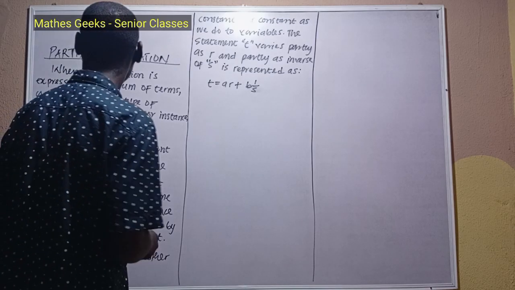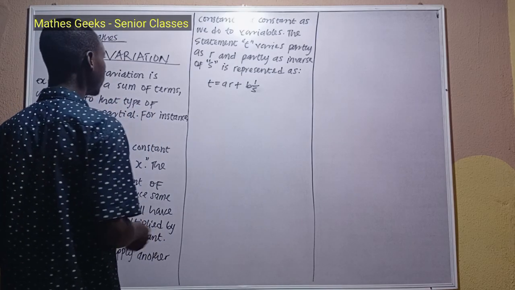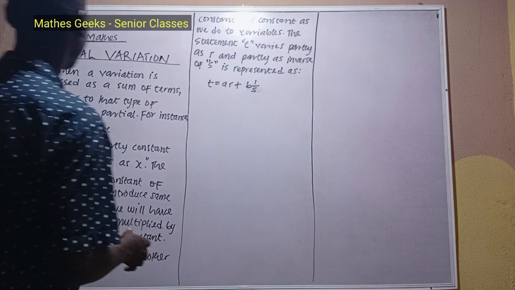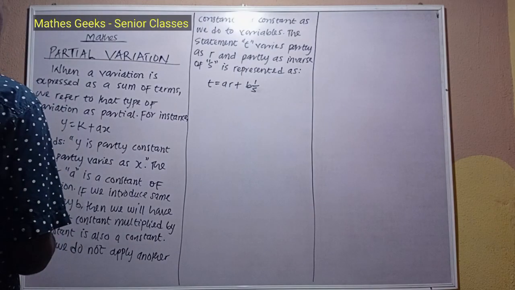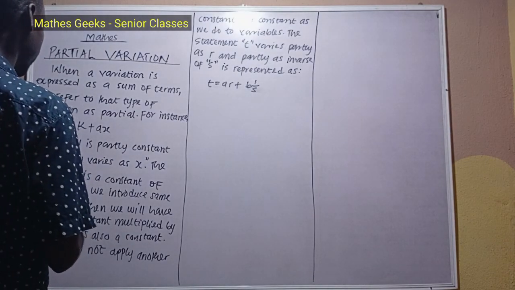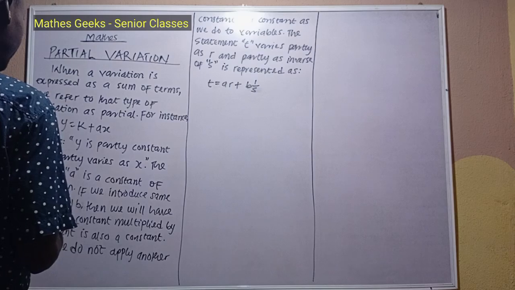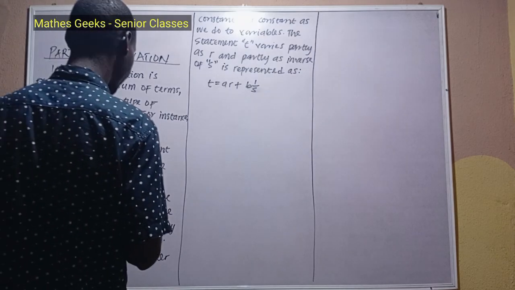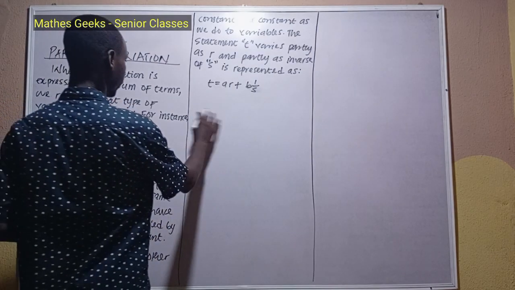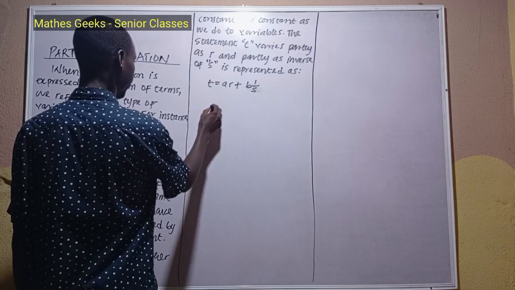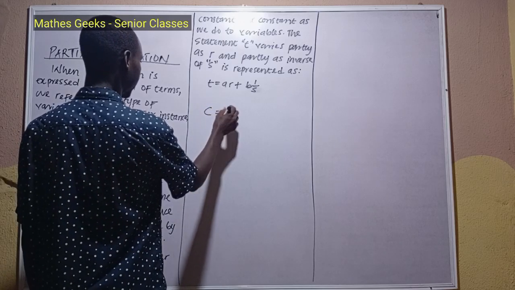So what this means is that a partial variation is a type of variation where the relationship is expressed as a sum of terms. For instance, we can say c is partly constant.